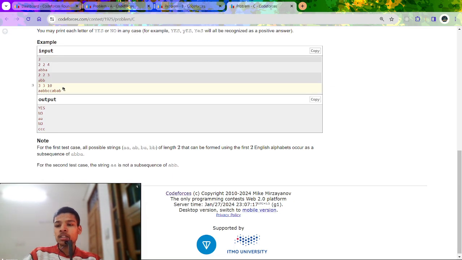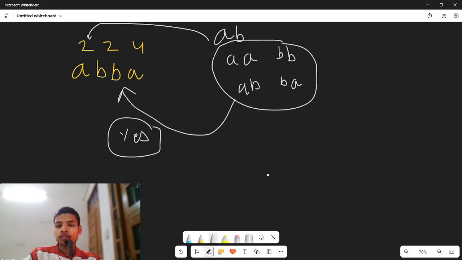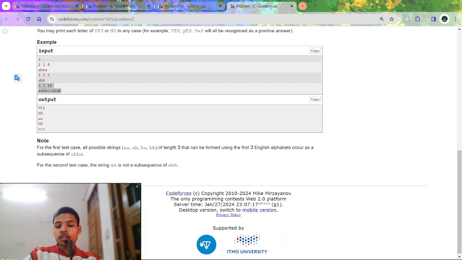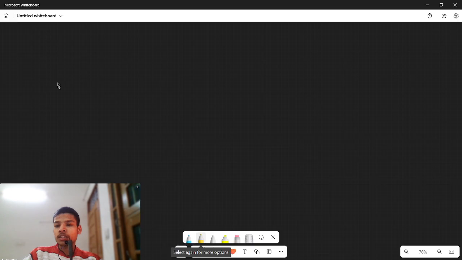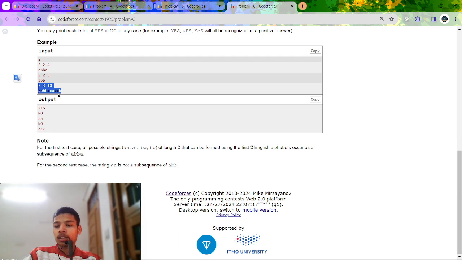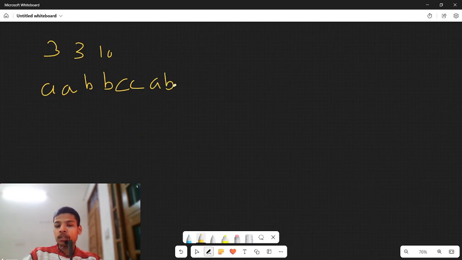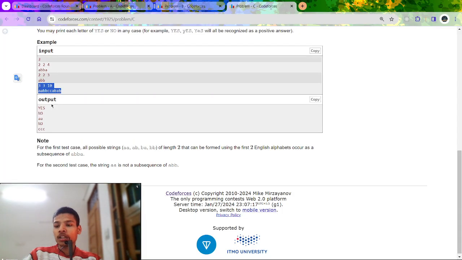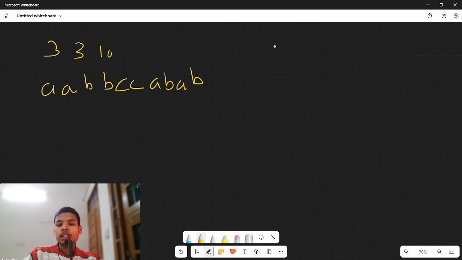For example, in this case, I have a string like this. What is my string? My input is 3, 3, and 10, and the string is A, B, B, C, C, A, B, A and B. So my possible characters will be only A, B, and C, right?